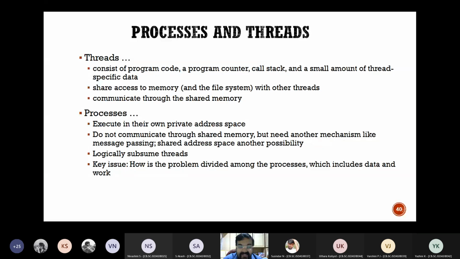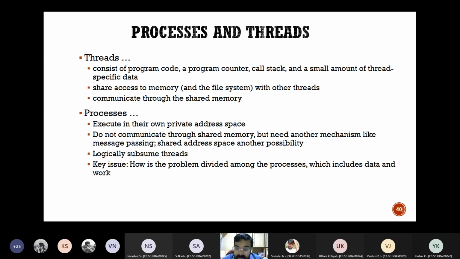So the best way is to divide this process into smaller threads. A thread is lightweight, easy to create, easy to kill. A thread can have shared access to memory, unlike a process. A process needs a message passing interface, send and receive primitives. Here it's not needed. There is shared access. There are global variables.